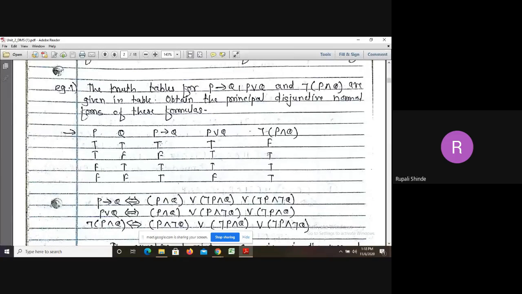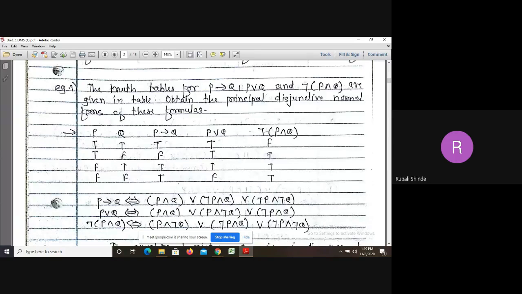So whenever we have to find PDNF for given formula, then we have to check where we have written T in that respective column. And for that T, if value of those variables is T, then we have to consider those variables in original form. If value of variable is F, then we have to take negation of that variable. Okay. So again, same rules we have to apply here.